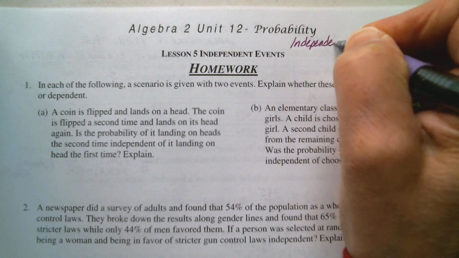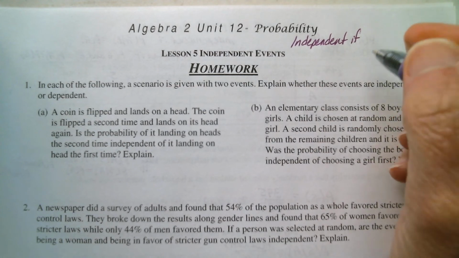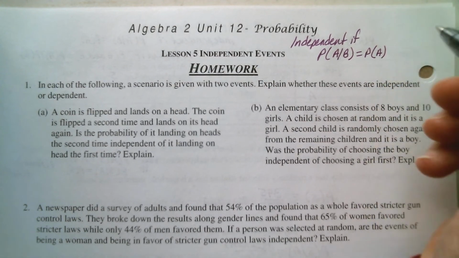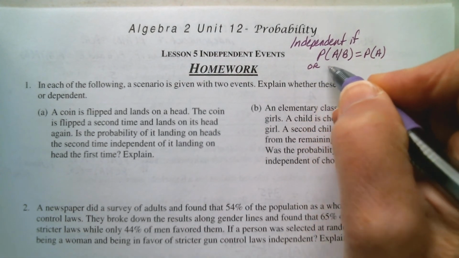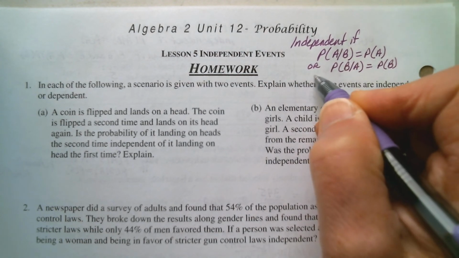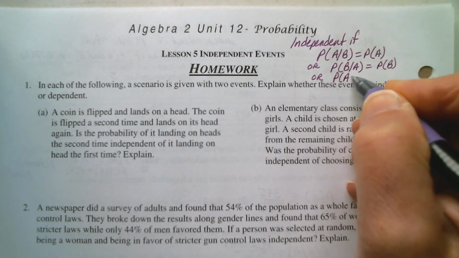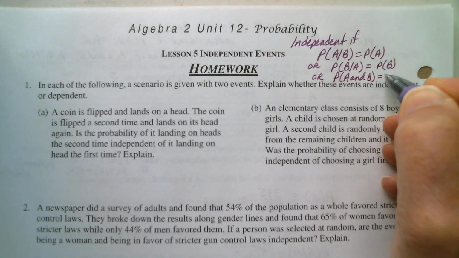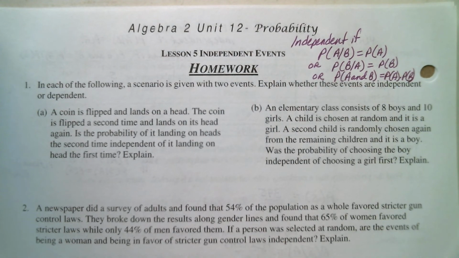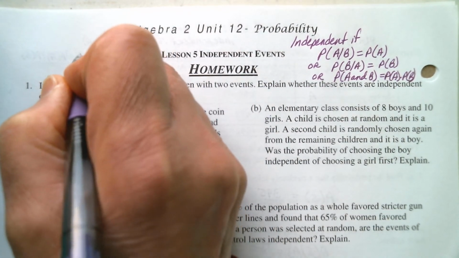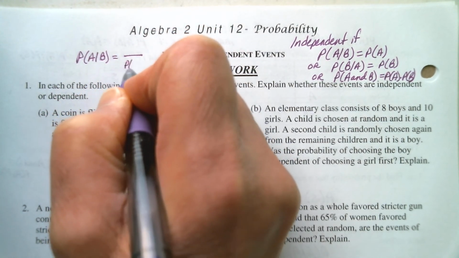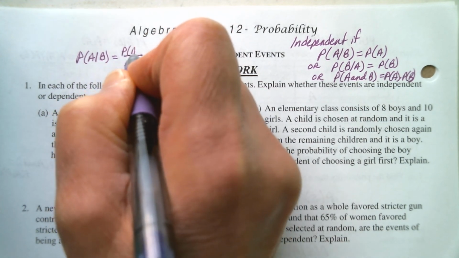Independent if the probability of A given B equals the probability of A, or the probability of B given A equals the probability of B, or the probability of A and B equals the probability of A times the probability of B. And don't forget that for the probability of A given B, B is in the denominator and A and B is the numerator.